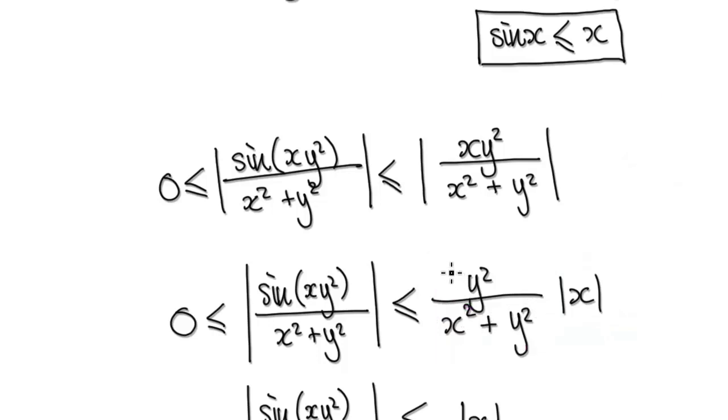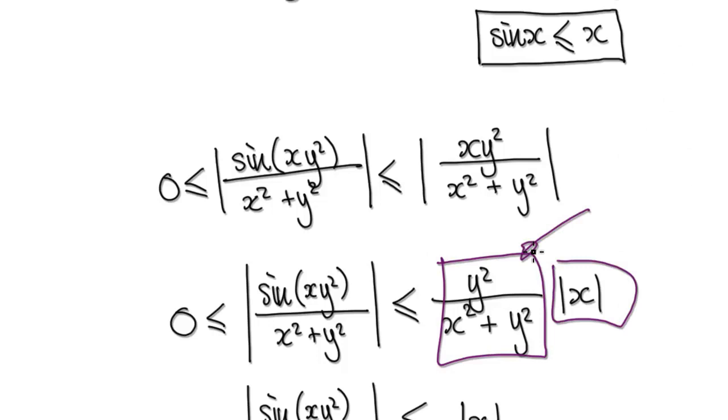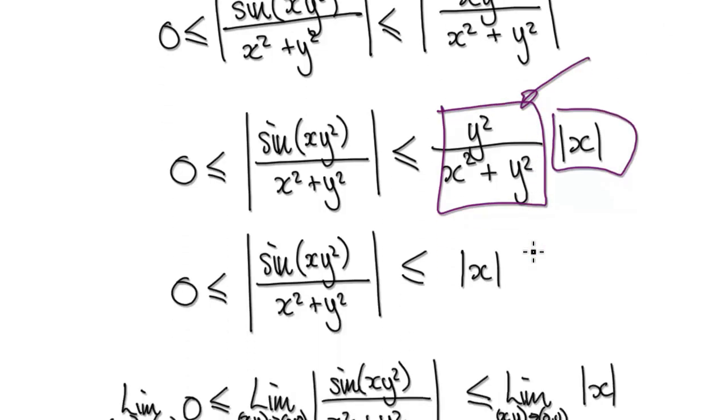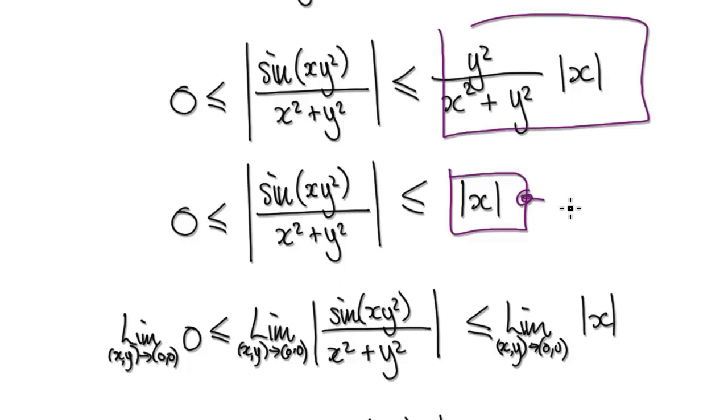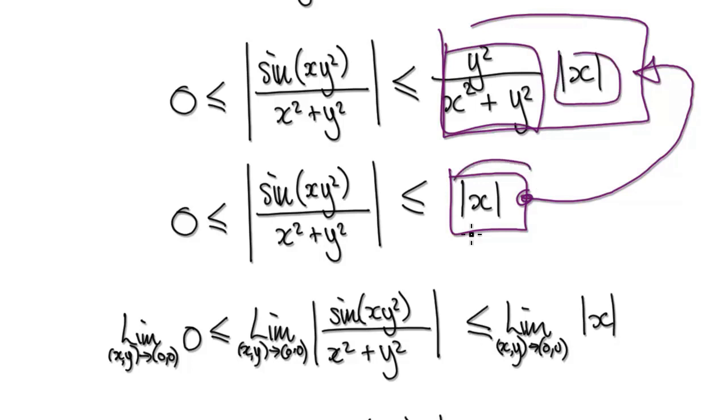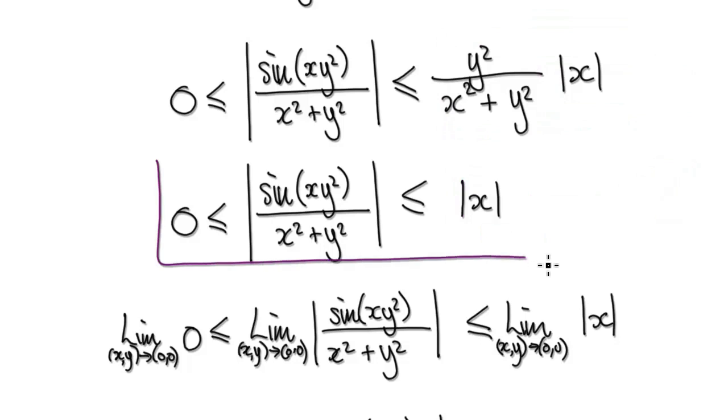Well, anyway, we are currently here, so we know that this is slightly less than 1. So that will mean that this thing here will be bigger or equal to this thing here, because this is slightly less than 1. Well, this thing here is slightly bigger than this thing here. So now we are currently here.